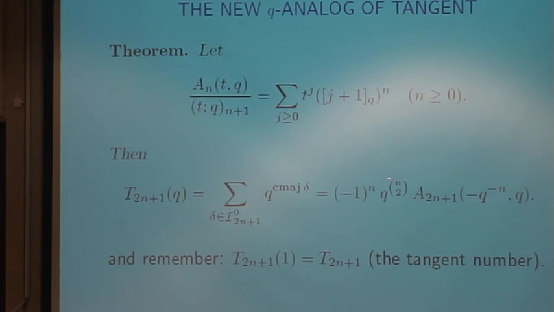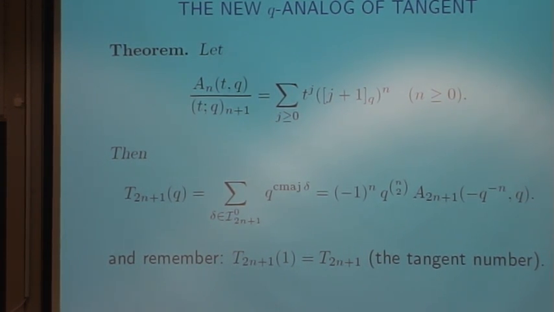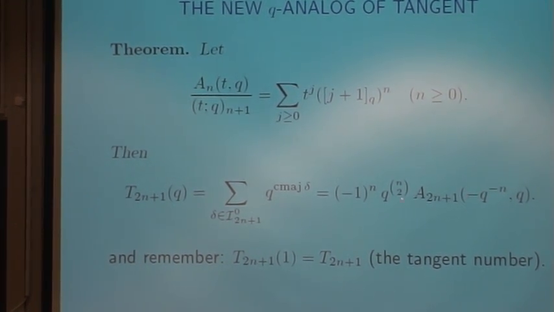And what happens is this. Look at this. Now, when you replace t by minus q to the minus n, and you multiply by this, you come up with a polynomial with positive integral coefficients. And this has to be proved. So why, when t is replaced by this, here it's okay.